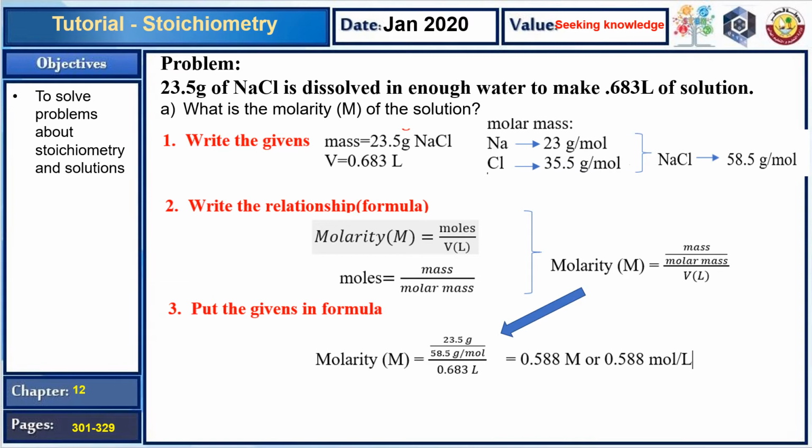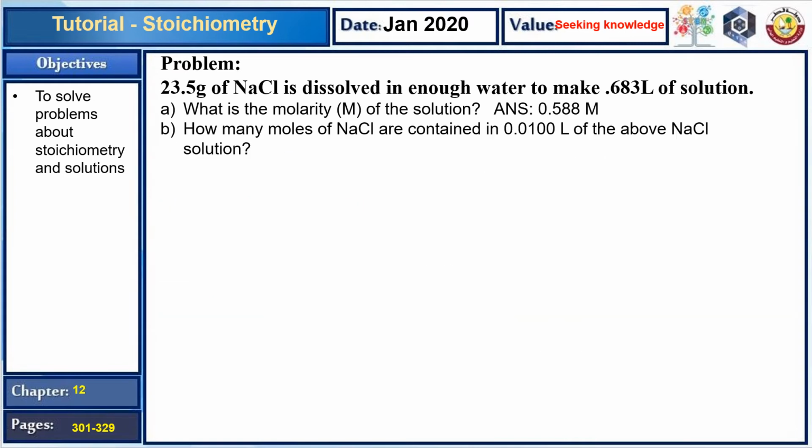We have the result. Now let's move to part B. How many moles of sodium chloride are contained in 0.01 liter of the above solution? We have the same solution, meaning we have the same molarity. Now we have to find the number of moles. First step, write the relationship.